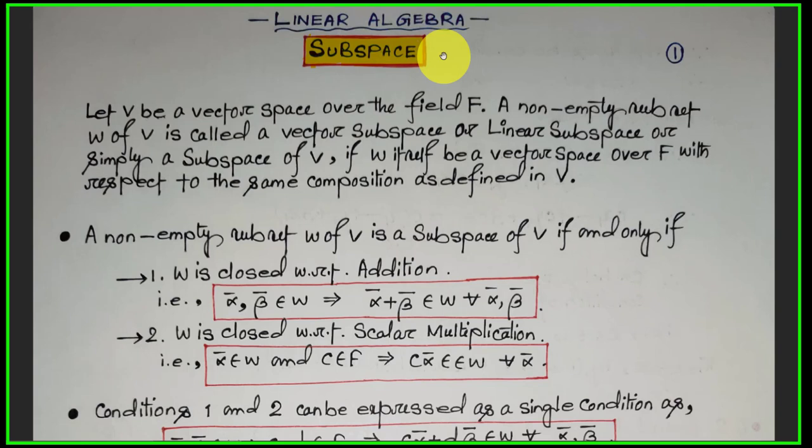But the first condition to be a subspace is that the subset of the vector space should be non-empty.